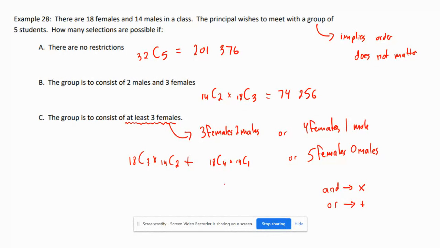Or 5 females and 14 choose 0. Now, first of all, guys, 14 choose 0 is just going to be 1. So I'll let you guys figure out what this is on your calculator. But you're going to put in these three. So 18 choose 3 times 14 choose 2 plus 18 choose 4 times 14 choose 1 plus 18 choose 5 times 14 choose 0. And that's going to give your answer for this situation over here. Okay, so and means we multiply, or means we add.